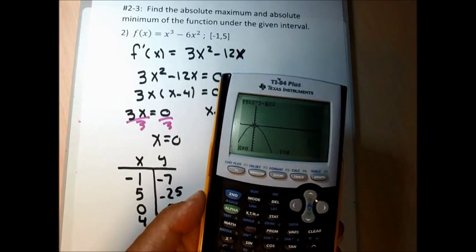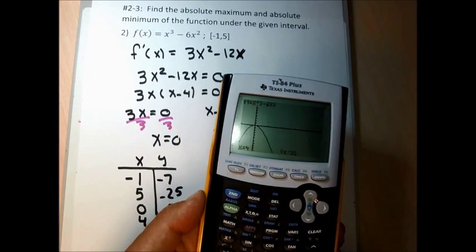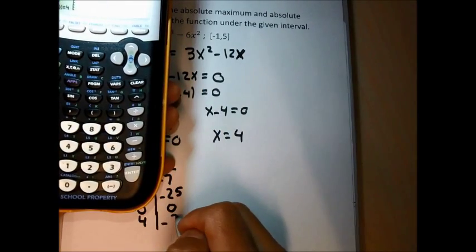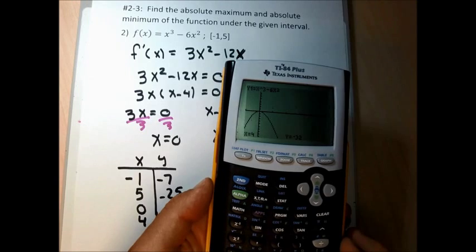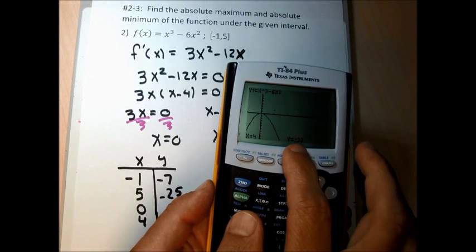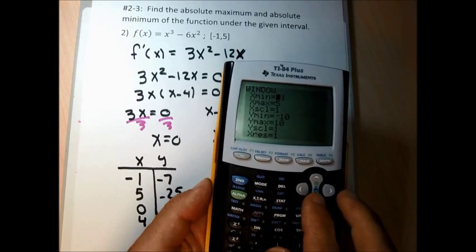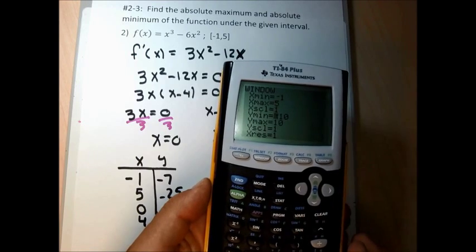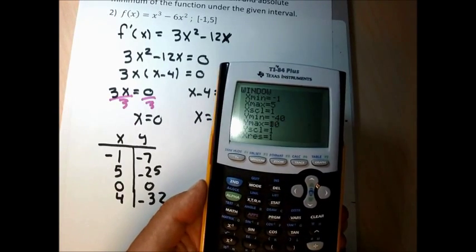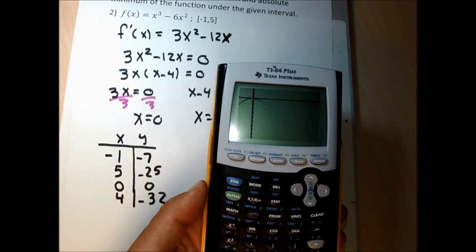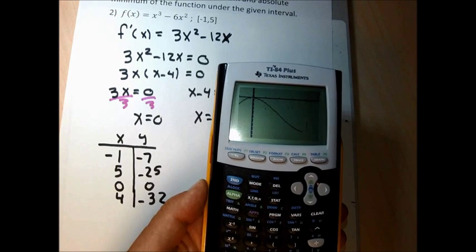And type in 4 and hit enter. I get y equal to minus 32. So in order to get a good window for this, my y's have to go down to at least minus 32. So if I change my y to minus 40, which is less than minus 32, and sketch my graph, you'll see better what we need.